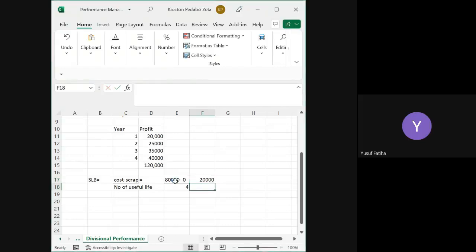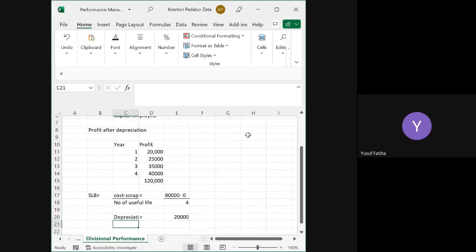That means our depreciation charge is 20,000 naira per year.